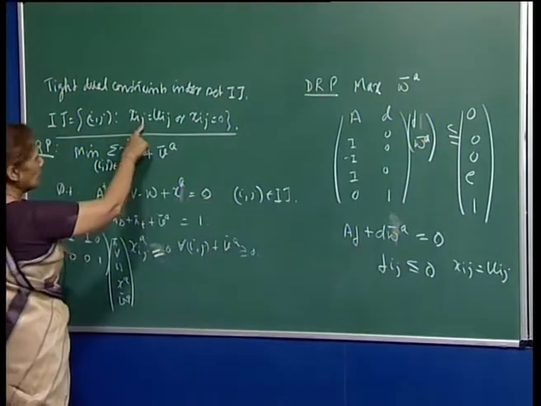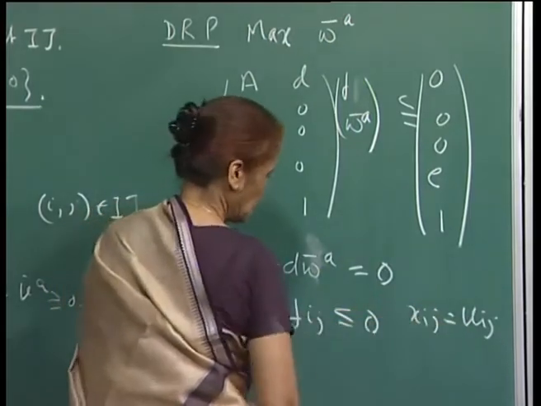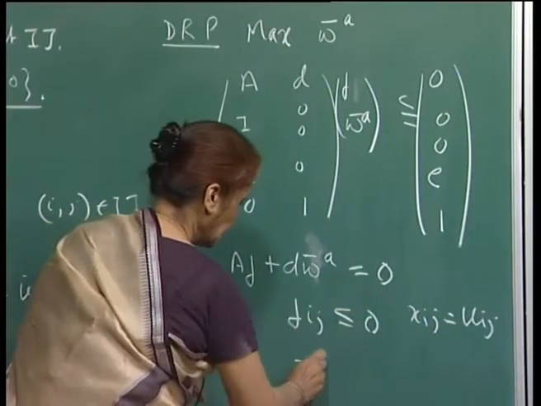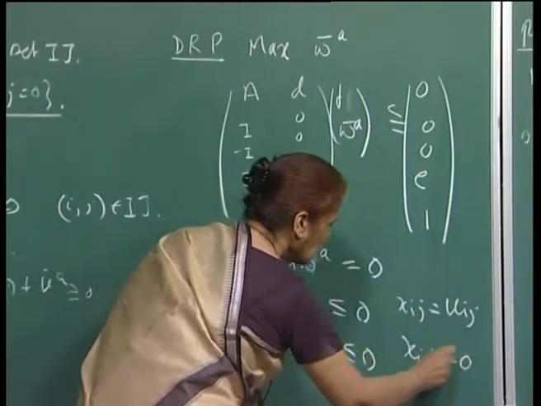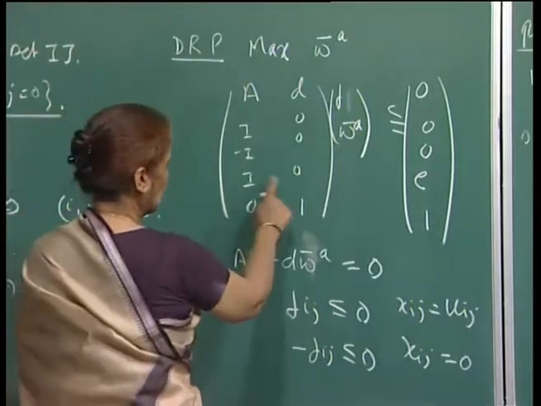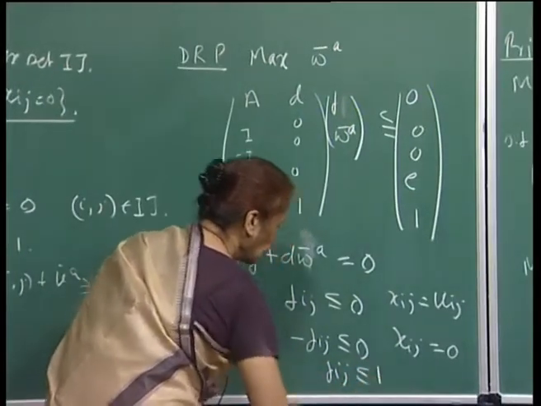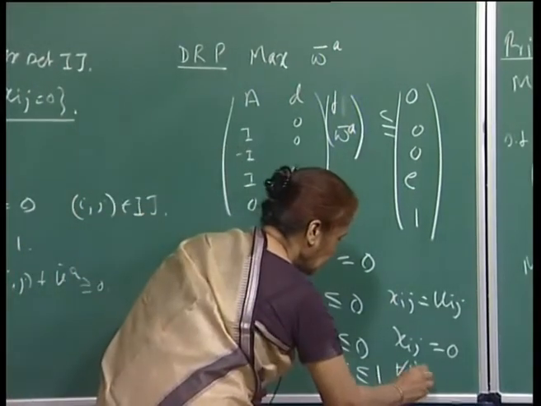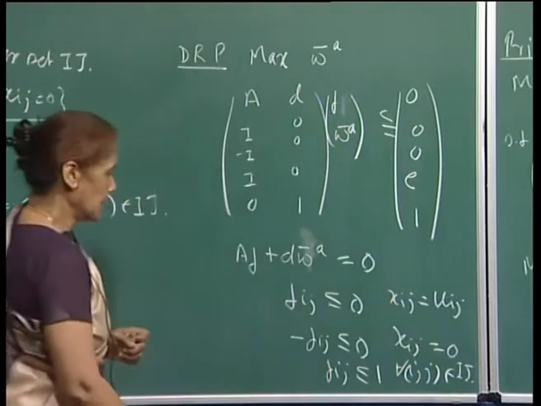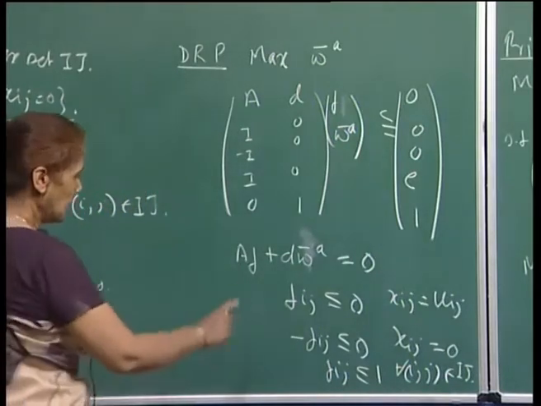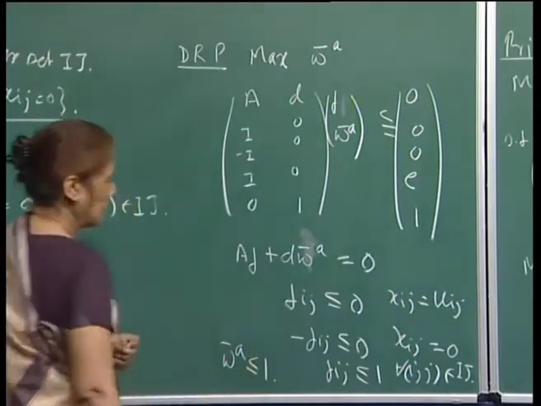So, in the dual it will become the row, and so you are considering only those Fij's for which Xij is Uij, and the second set is minus Fij less than or equal to 0 when Xij is 0. Okay. Then you are saying from here that your Fij's will be less than or equal to 1 for all Ij belonging to Ij, okay, and then the final constraint is that W bar A is less than or equal to 1.